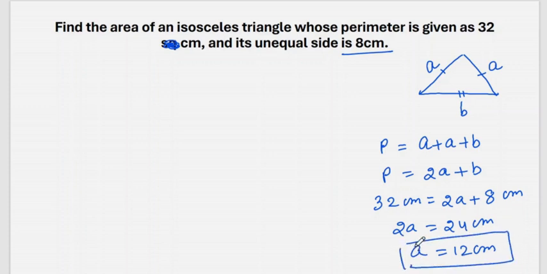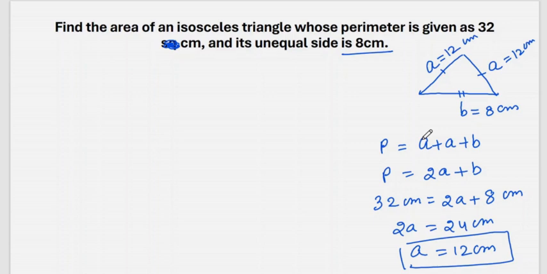So now we know the value of all the three sides. A equal to 12 centimeter. This is also same. And B is given in the question only, 8 centimeter. Okay. Now we know the length of all the three sides of isosceles triangle.